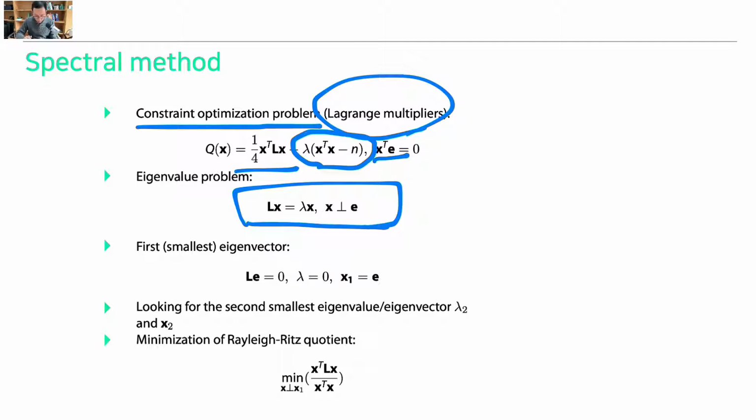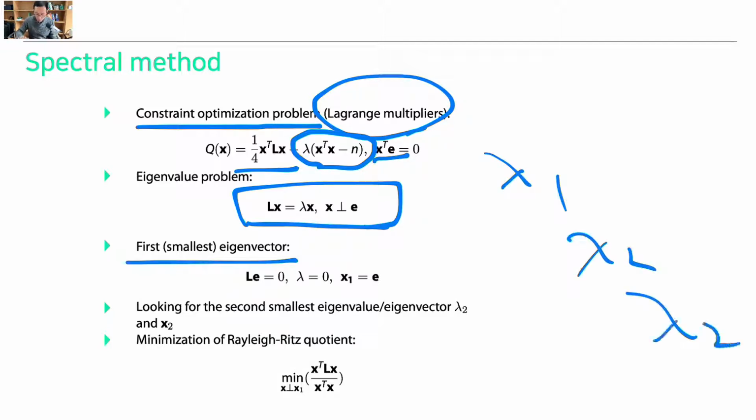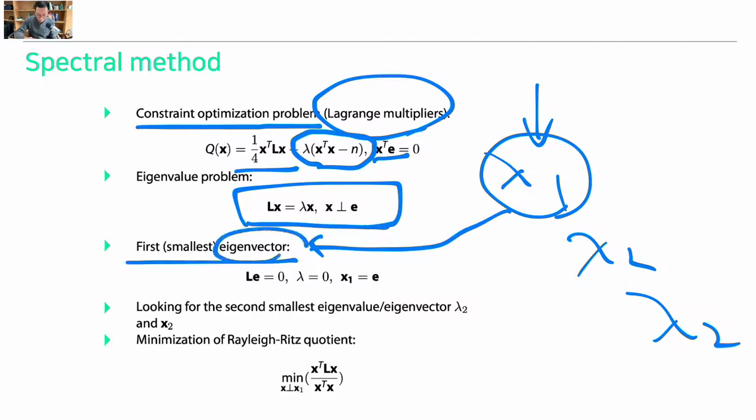So the researchers found that, and we're not going to talk about the detail, but the first smallest eigenvector, which means, so we have several eigenvalues, right? Multiple eigenvalues. And when we sort by magnitude, we are able to find the smallest eigenvalue, and we get the corresponding eigenvector. And the smallest eigenvalue is always 0 from the Laplacian.